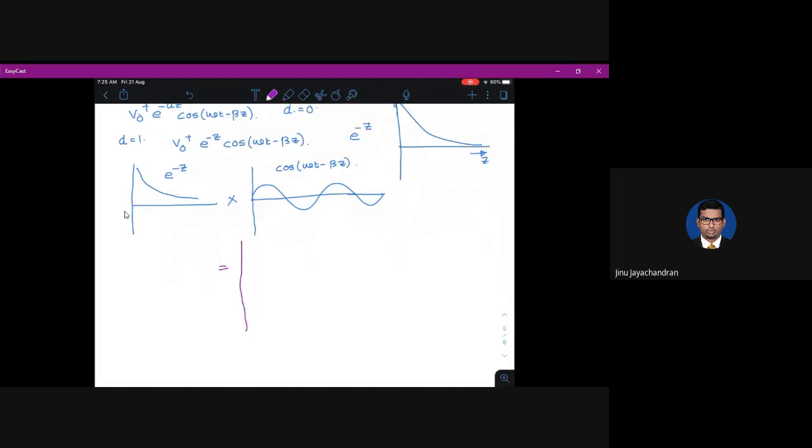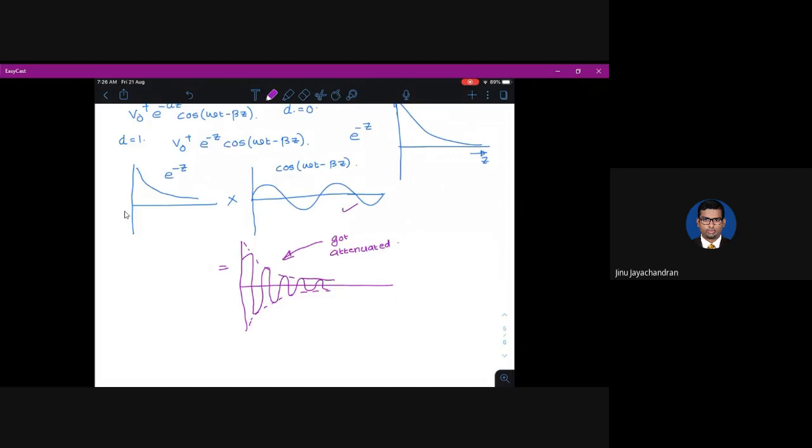Your waveform after multiplication with e raised to minus alpha z, or e raised to minus z, looks like this, which means this waveform got attenuated. It has the same frequency as this, but your amplitude keeps on decreasing.